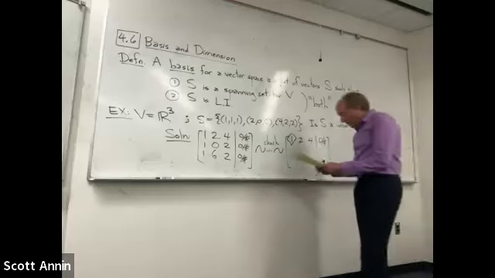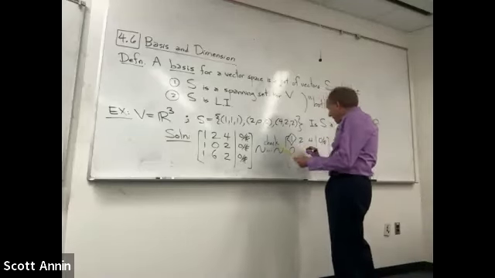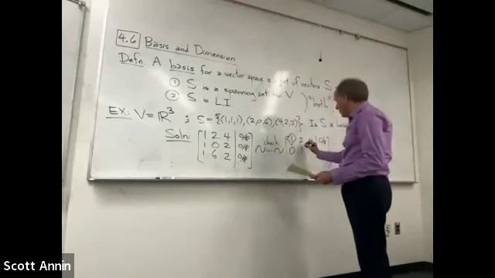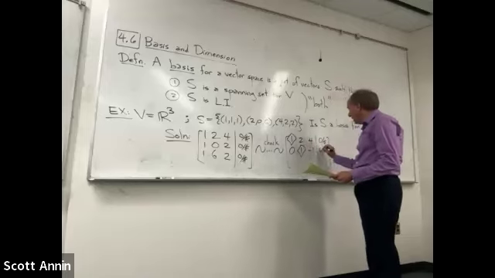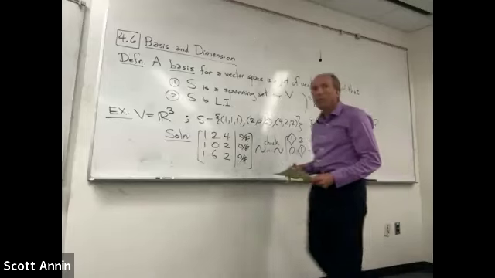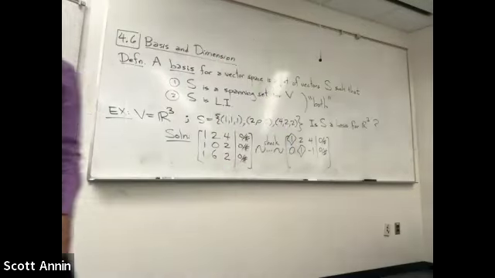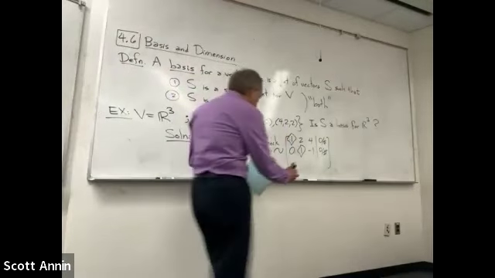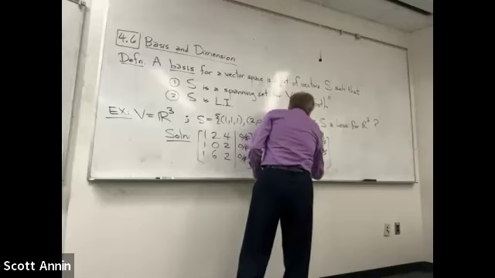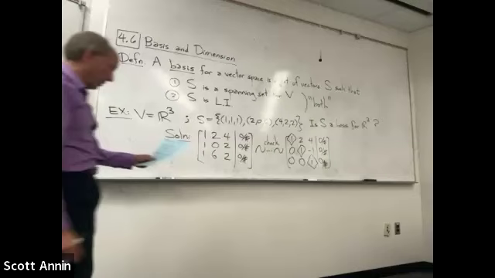The second row, if I carry out my EROs, should become 0, 1, -1. And then on the third row, 0, 0, and 1. It's going to look like that.